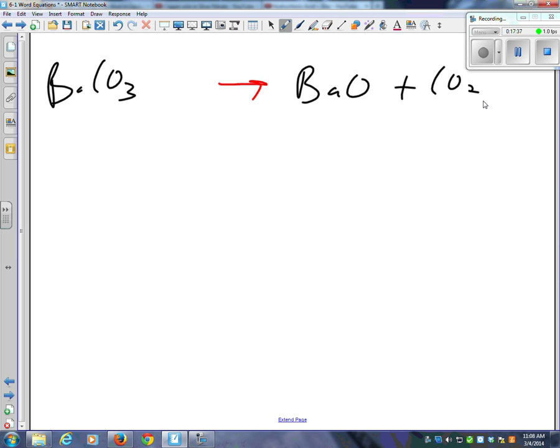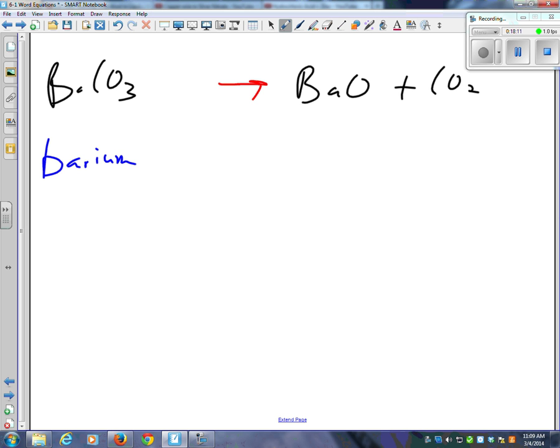All you got to do is turn this into words. What's Ba? Periodic table? Barium. What's CO3? CO3 is one of those things that we don't know. It's not an element. You got to go back, put your finger in page 219, and go back to that list of polyatomic ions that I showed you. Go back to page 196, and we're looking for CO3, and it's carbonate.